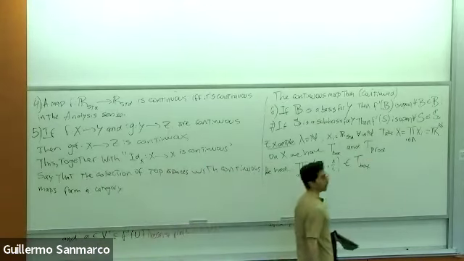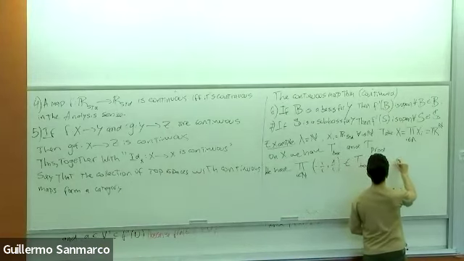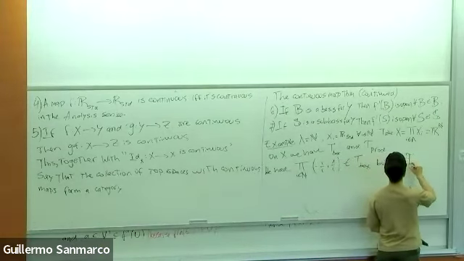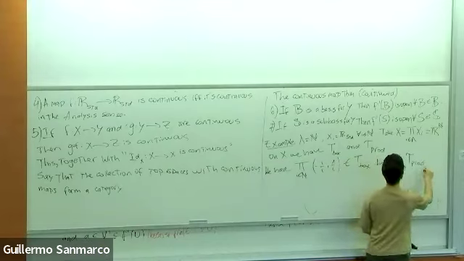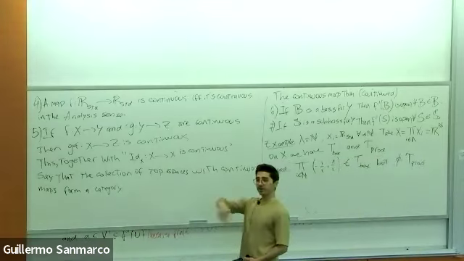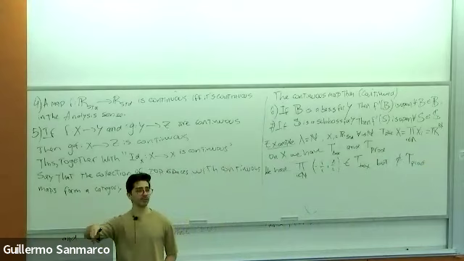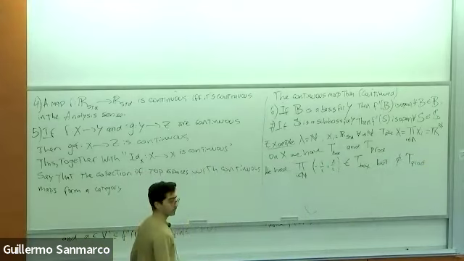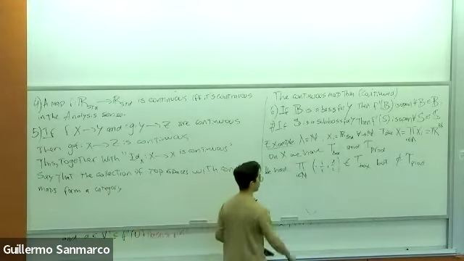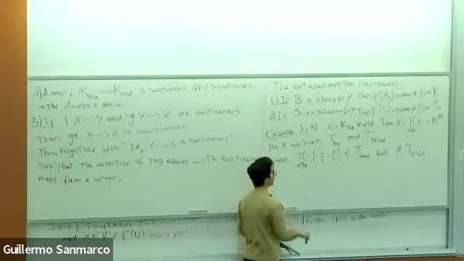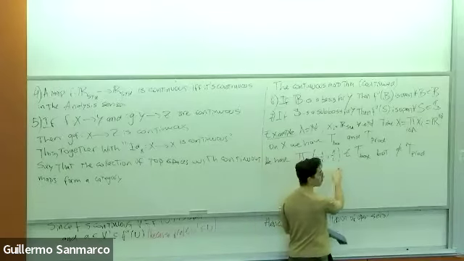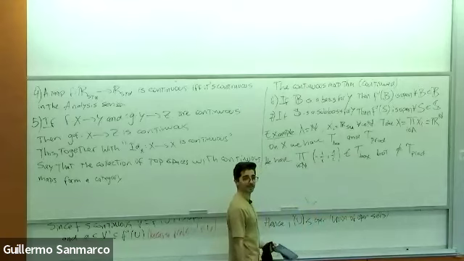But not in T prod. Same guy, not in T prod, because in T prod, for infinitely many indices, you need to have the entire reals. And that's, of course, not the case here. So the claim was this is open here and it's too small. And now let's prove that's the case.